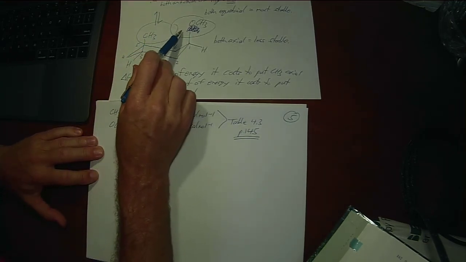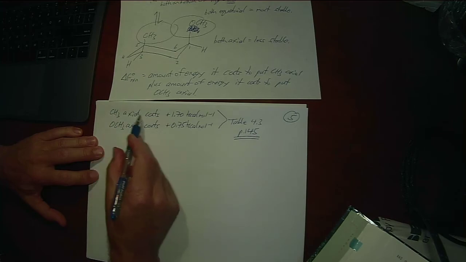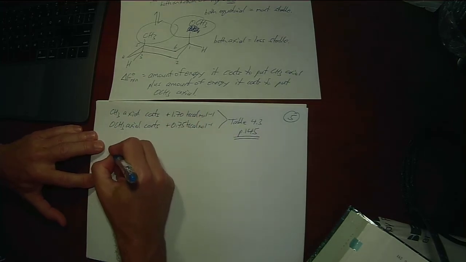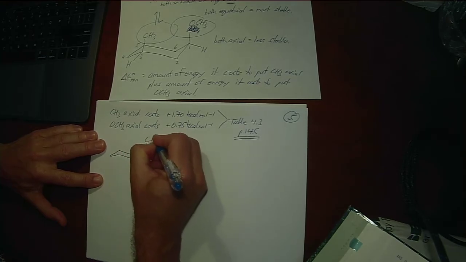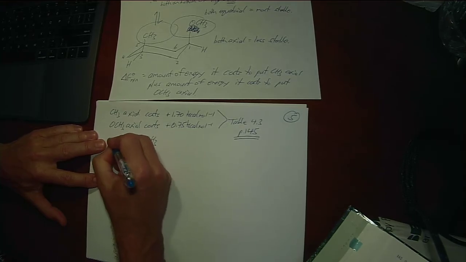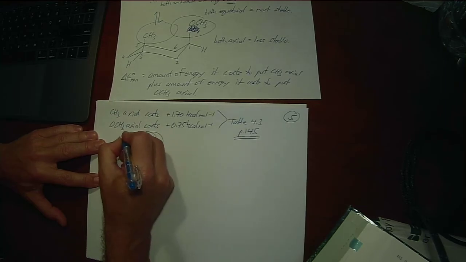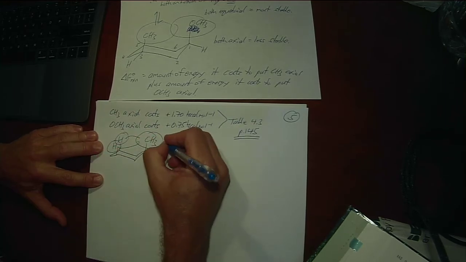But the catch with this molecule is this CH3 axial, that cost of 1.7 kilocalories per mole, actually refers to a CH3 group interacting with two hydrogens, right?